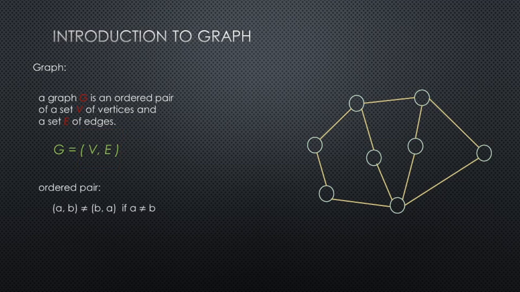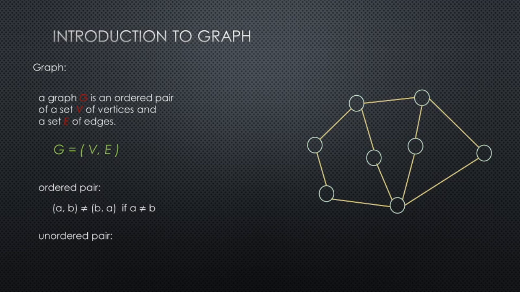An ordered pair (A, B) is not equal to (B, A) unless A and B are equal. In our definition of graph, the first object in the pair must always be a set of vertices, and the second object must always be a set of edges. That's why we are calling the pair an ordered pair. We also have the concept of an unordered pair.